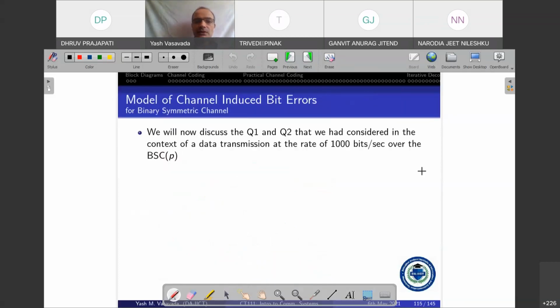It is going to be on the 2 questions, if you recall, that we had considered in the context of the example where the transmitter was sending 1000 bits per second. Remember those 2 questions that I'd asked, and a lot of you had given answers which on the face of it seemed correct, but then they turned out to be incorrect. And actually the correct answers were based on the mathematical formulation of the information transfer.